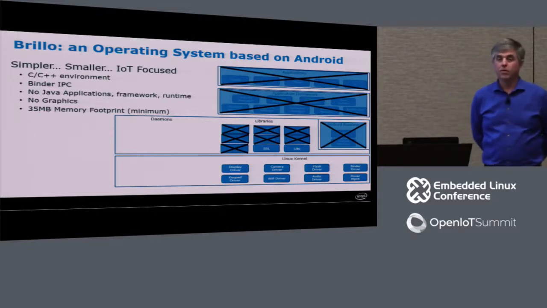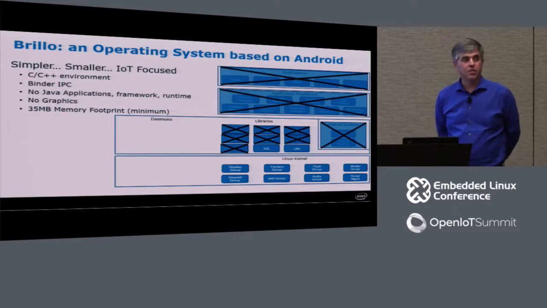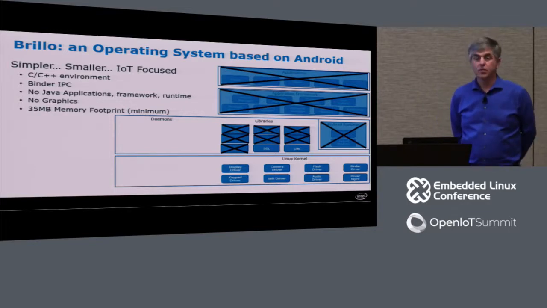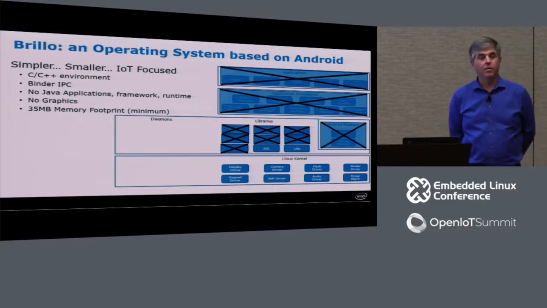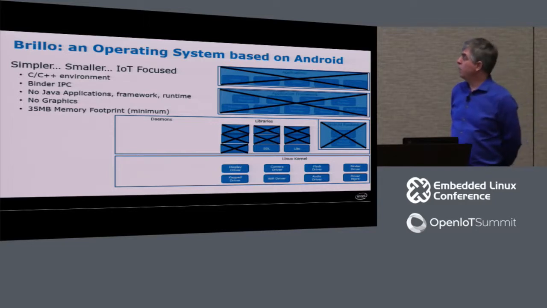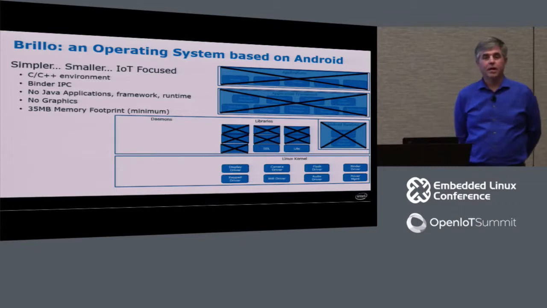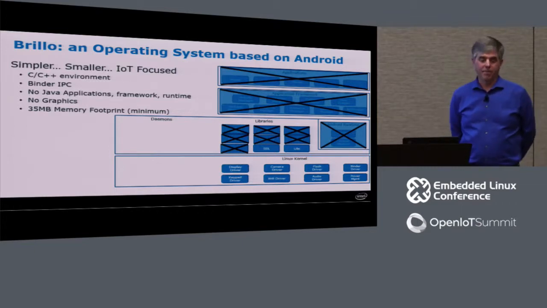We don't include the Google GMS, the Google services layer. We don't include the Java interpreter or the framework at all, no runtime. And we remove a lot of libraries that either Java or the graphics system uses. Not included in Brillo at this time.